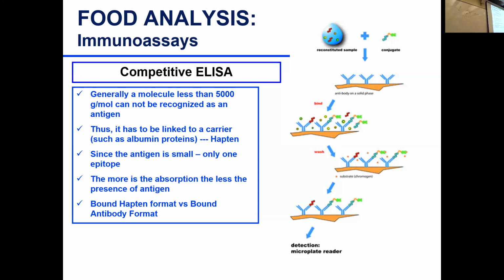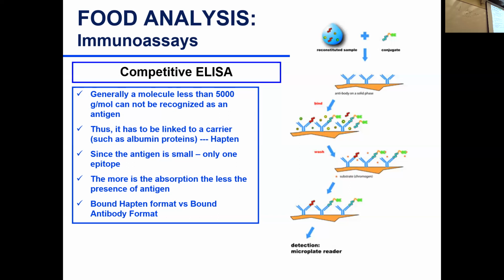In this case, the more antigen I have in my sample, do I have higher absorption or lower absorption? Lower, yes, because it's competing with the labeled one.